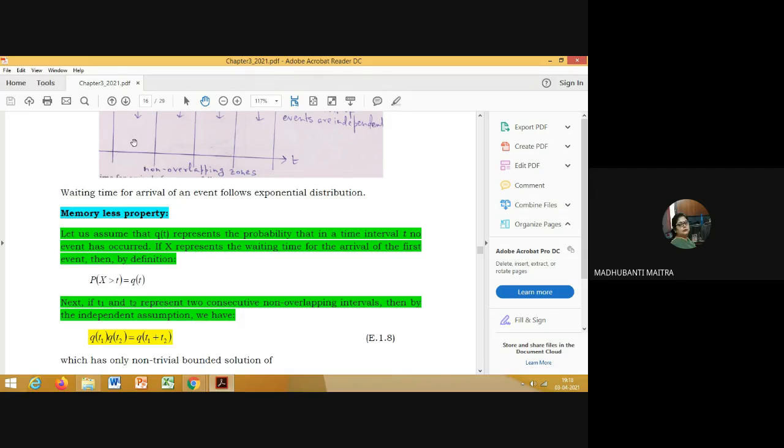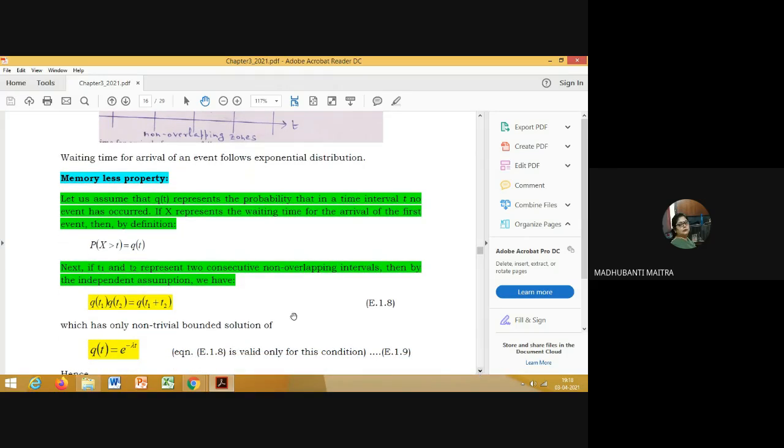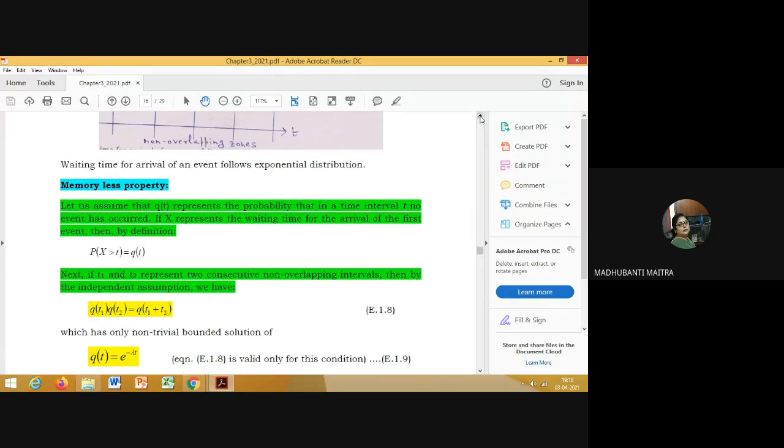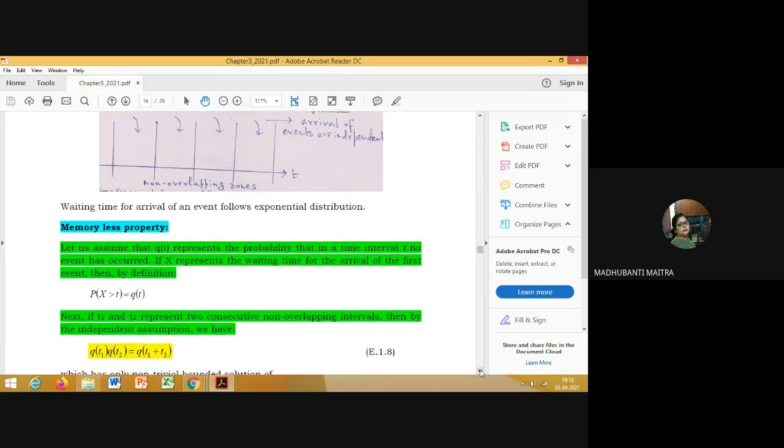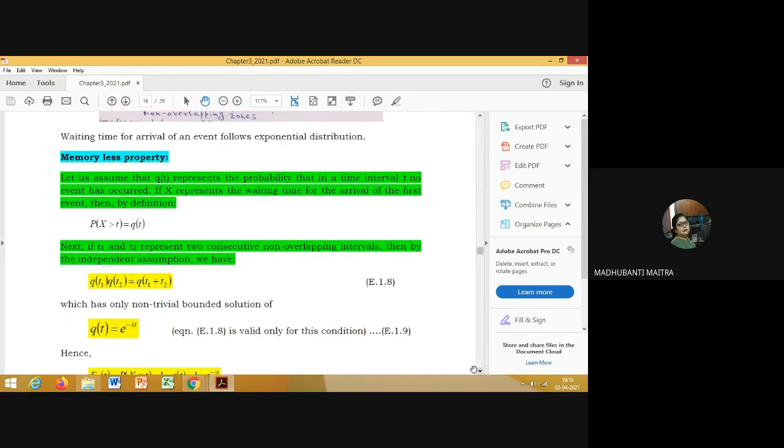Now let's assume two consecutive time intervals, okay? And let's denote those two by t1 and t2. So if t1 and t2 represent two consecutive non-overlapping intervals, then by the independent assumption, already we have assumed that the arrivals are independent, okay? So by independent assumption, we can write that qt1, that in the first interval t1 no event has occurred, and in the second interval t2 no event has occurred.